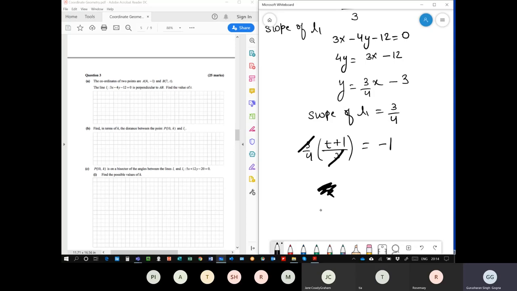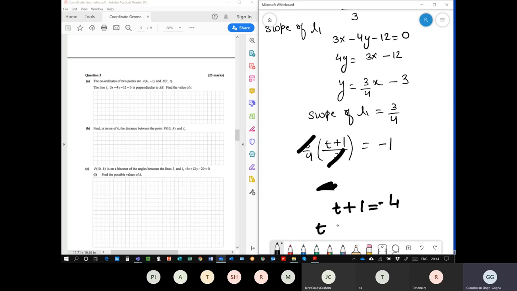3 and 3 cancel. t plus 1 equals 4 multiplied by -1. Sorry, wait a second. t plus 1 equals minus 4.